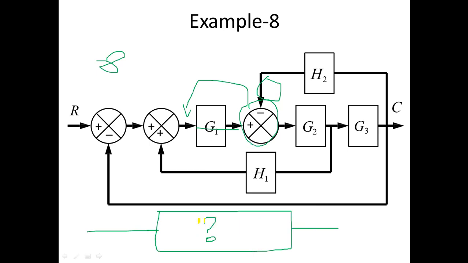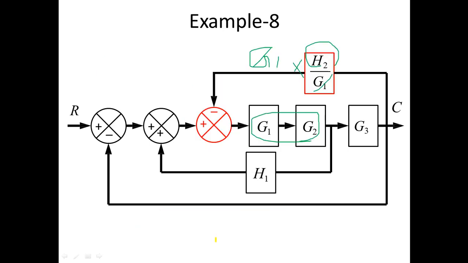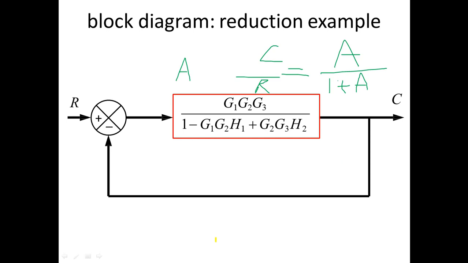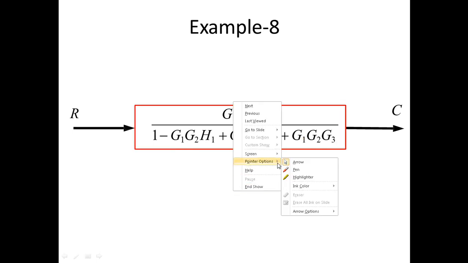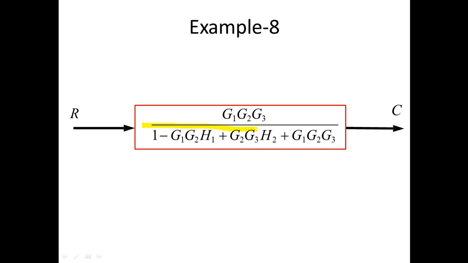I also mentioned what should be the value. So the value should be this thing. This was the main equation, which will tell you the overall relationship between C of S and R of S.